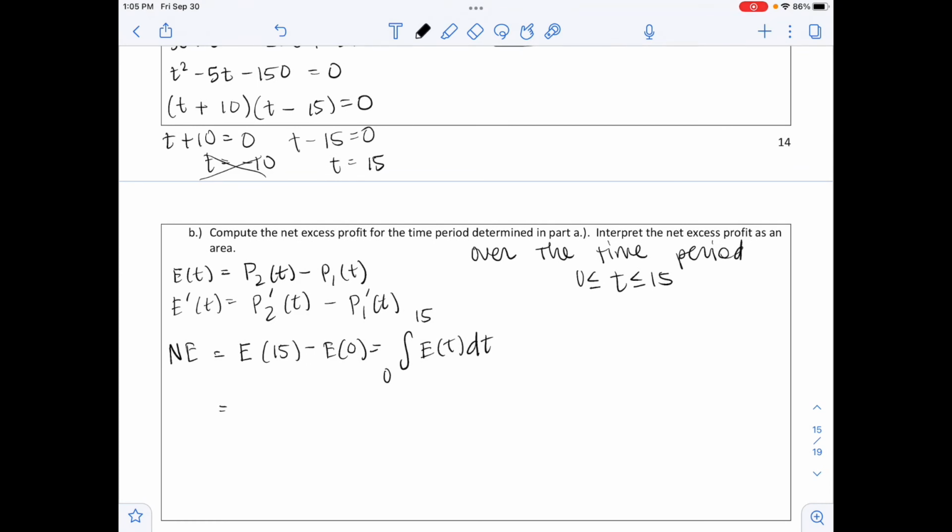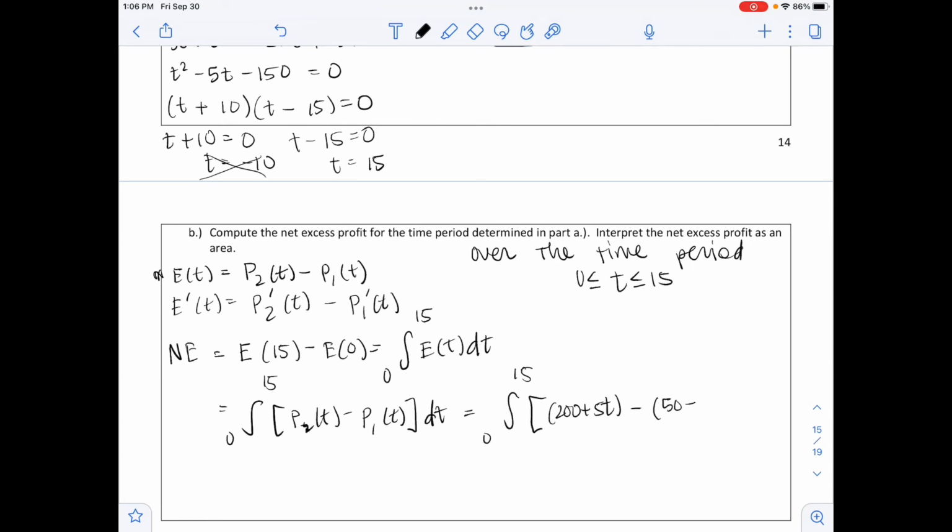And then we also know that from here we have the integral from 0 to 15 of, and so we know from up above E prime of t is equal to P2 prime of t minus P1 prime of t dt. And then we also know that P2 prime of t is equal to 200 plus 5t minus P1 prime of t, which is 50 plus t squared, dt.